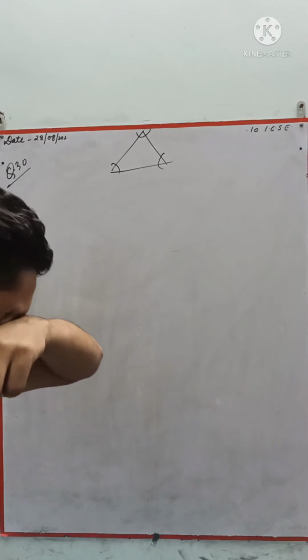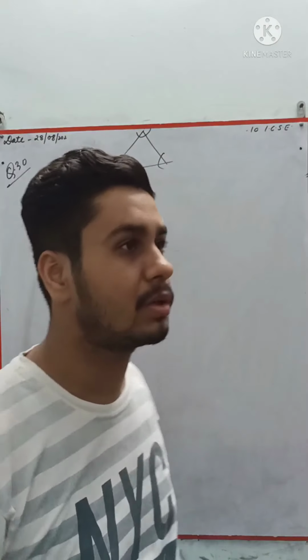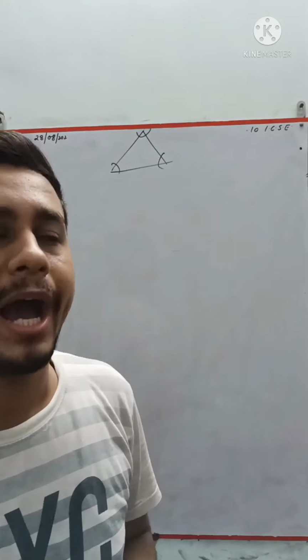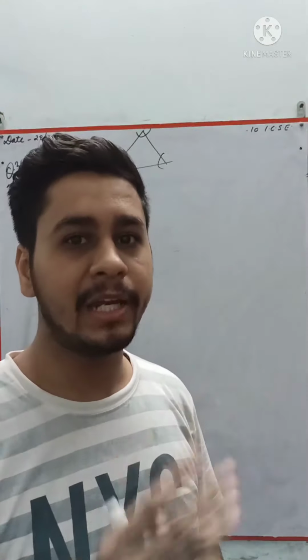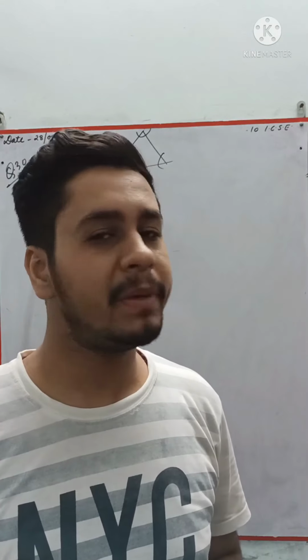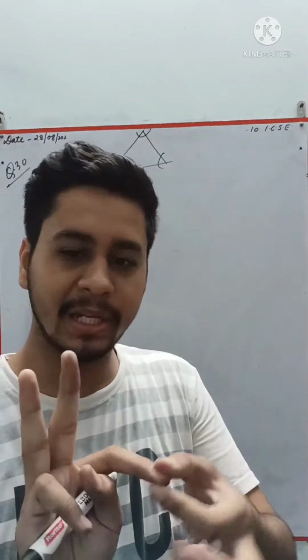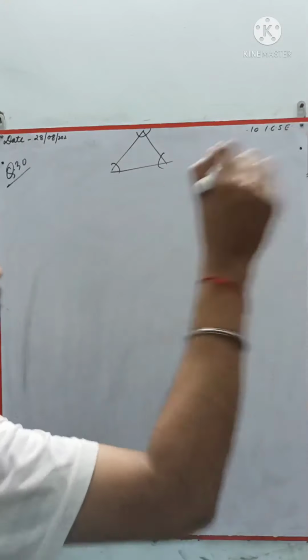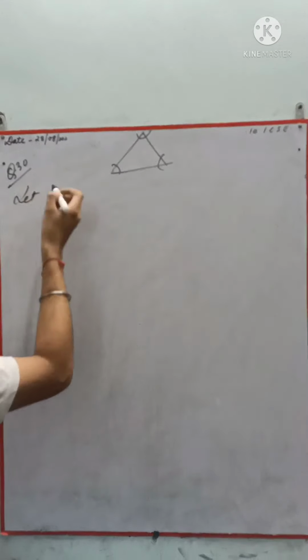In the previous questions I told you how to choose three numbers in AP. If three numbers are in AP, what do we choose? A minus D, A, A plus D. So here also we are going to do the same.